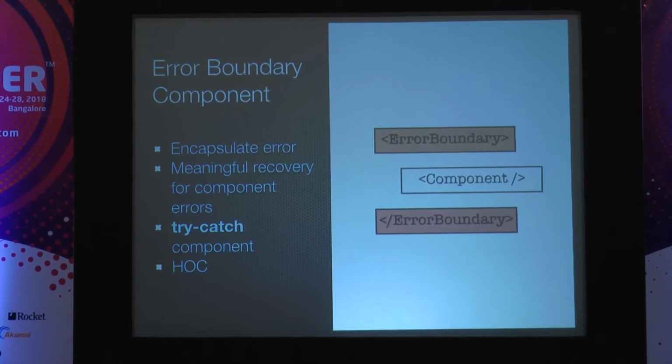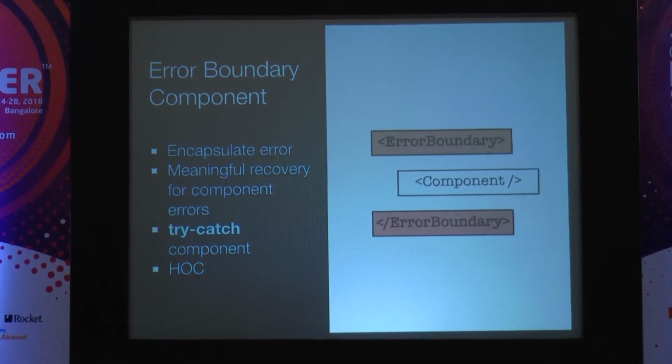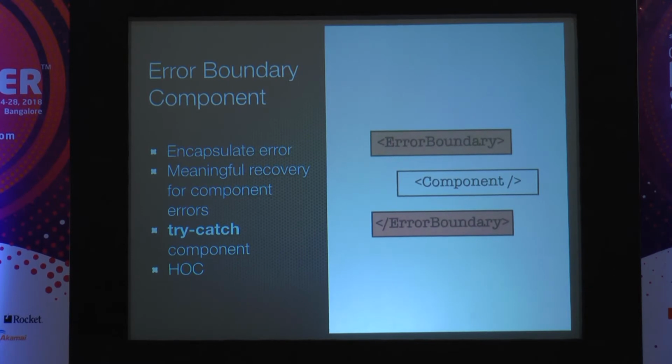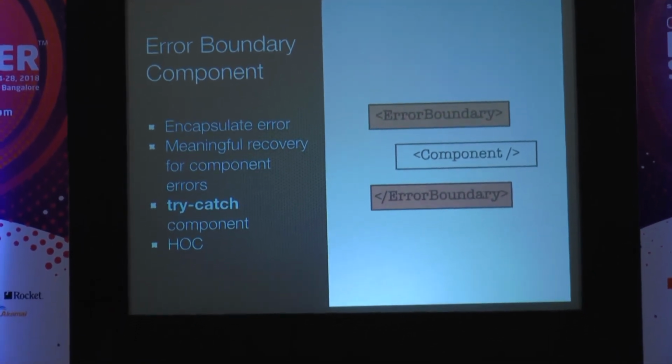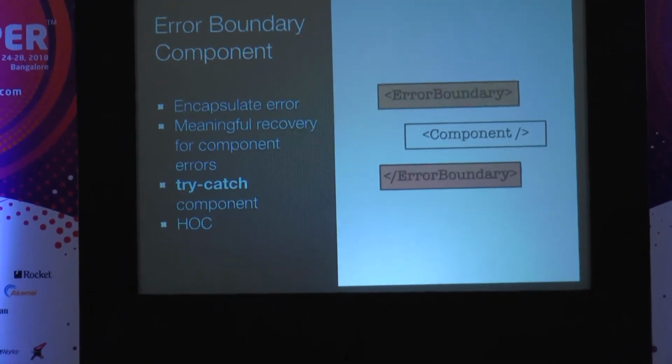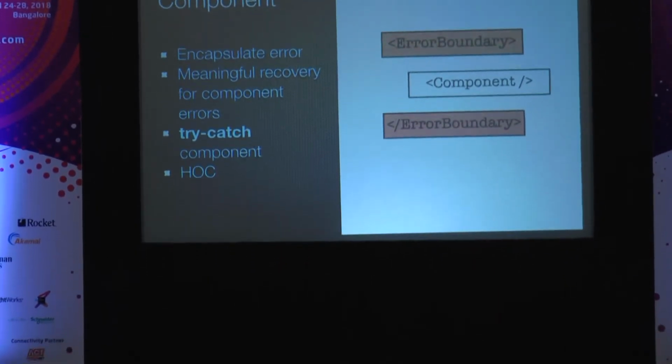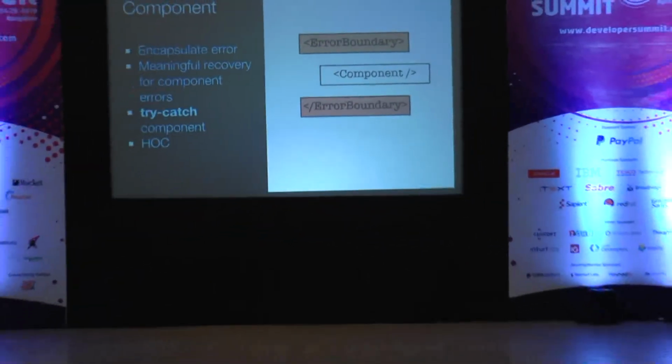Yeah, so the error boundary will have a hook called component did catch. And inside that catch, you will see the error that was thrown in the subtree. So if any component inside the subtree throws an exception in the lifecycle hook, it will actually call the component did catch of a higher level error boundary component. That's because you're trying to capture data, which is an exception that needs to be propagated up.